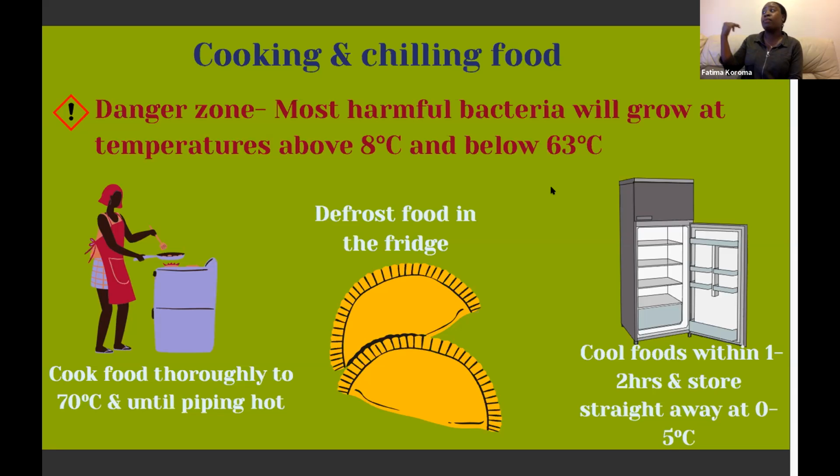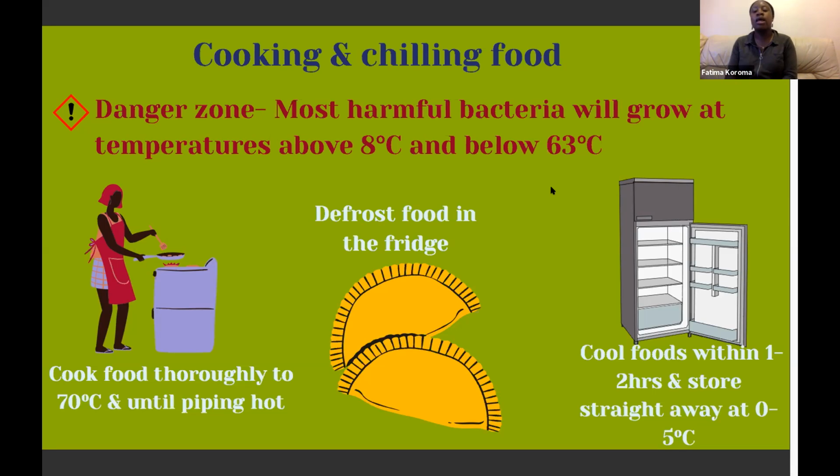But in Africa, it is really advisable to defrost food in the fridge, because the fridge is around 0 to 5 degrees Celsius. That is below 8 degrees Celsius, the danger zone where bacteria grow, so it will never reach the danger zone where bacteria can grow on the food.